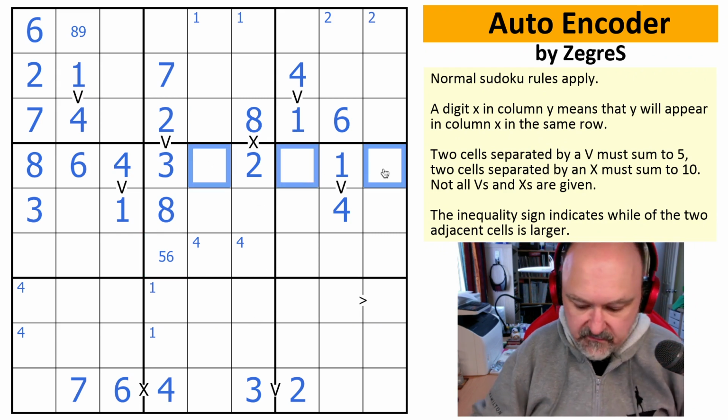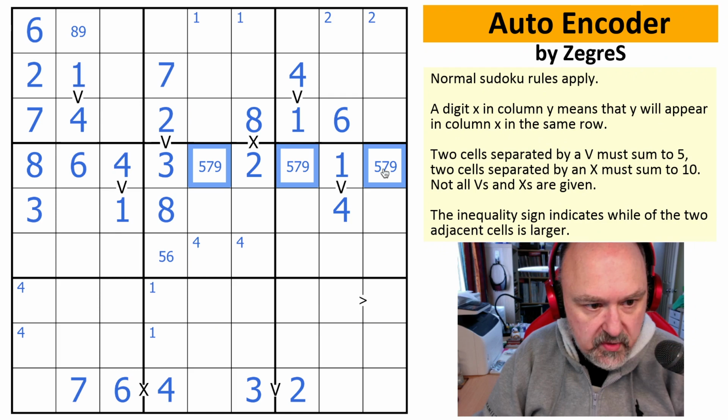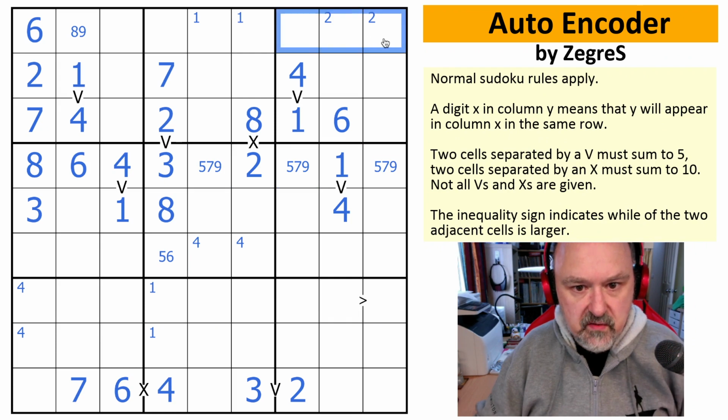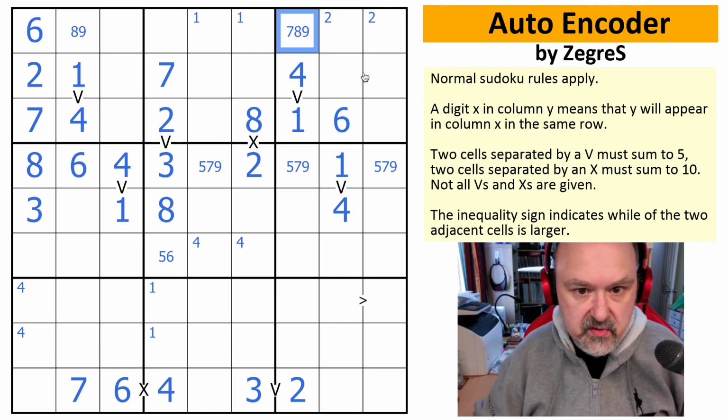These are 5, 7 and 9, but they point at each other. Seven is in one of those 3, so this has to be 7, 8 or 9.